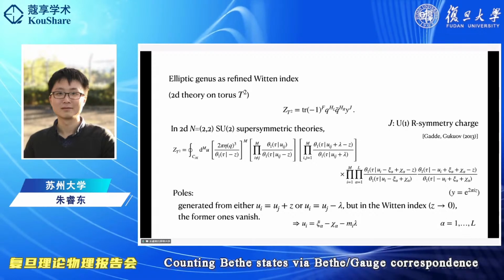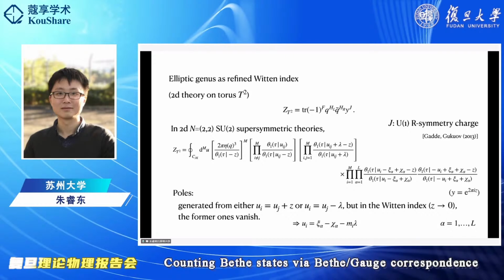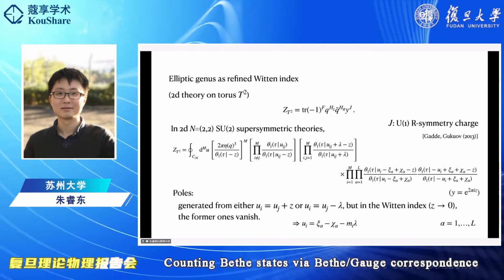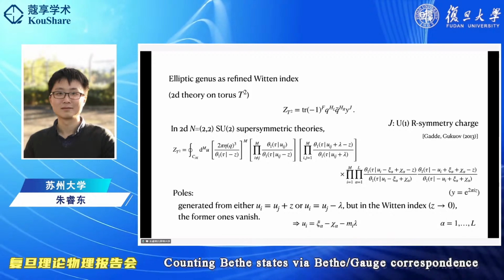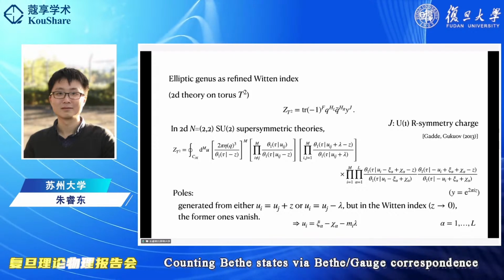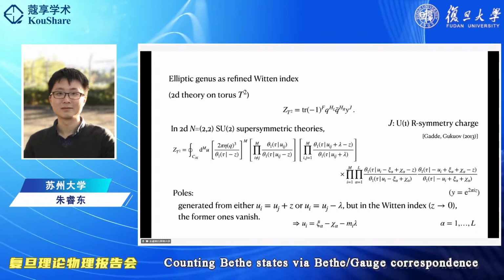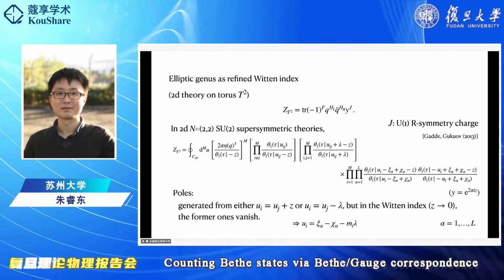I'm not going into the details, but we can consider some refined version of the Witten index first. It's called the elliptic genus in 2D theory. We consider putting this 2D theory on a torus, and then we compute its kind of partition function. And well, the formula looks like this. It's not so important, but we have a lot of elliptic functions.